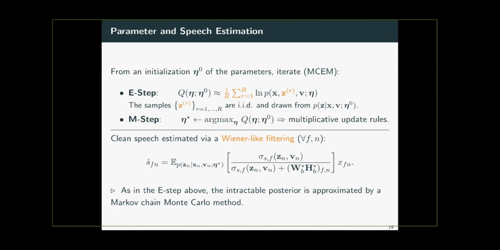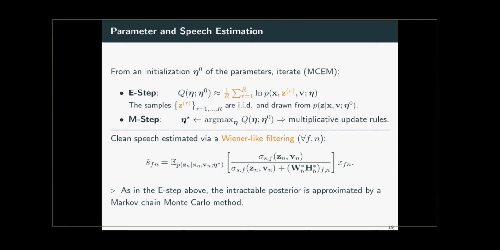Actually, due to the nonlinearity in the variational autoencoder, the EM algorithm is not a closed form EM algorithm. We need to use sampling, okay? I use sampling to approximate the expectation that you can see here in this big Q function.